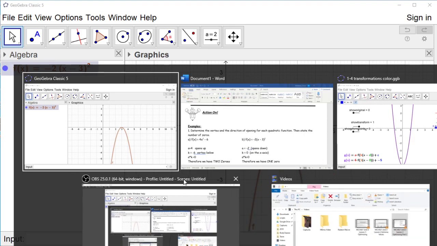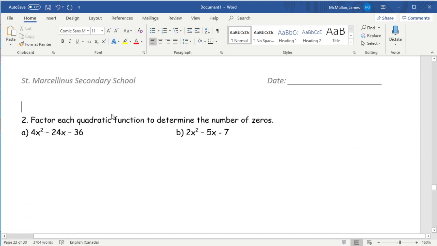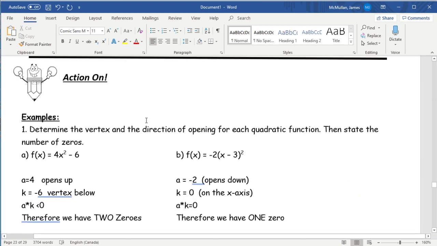Now, to go back to where we were. It says factor each quadratic equation to determine the number of zeros. In this case, you can't tell me the number of zeros in this form right off the bat because these are not in vertex form. You don't know where the vertex is. You need to know where the vertex is in order to use the idea we were using above.